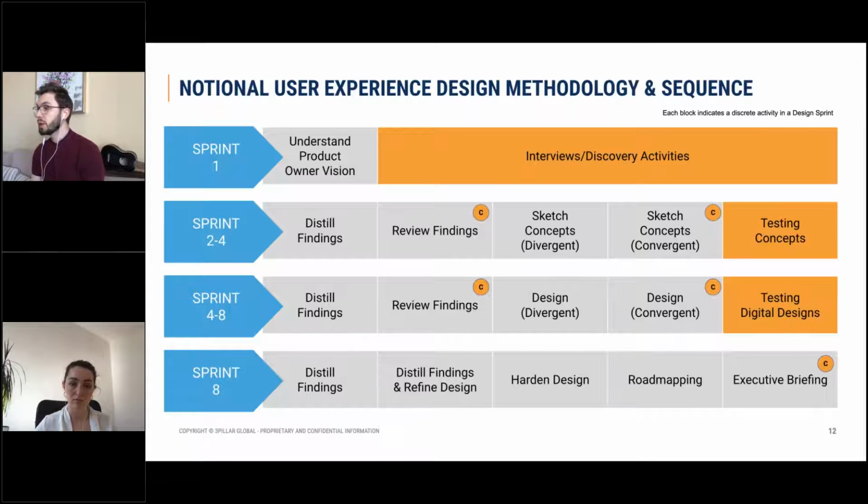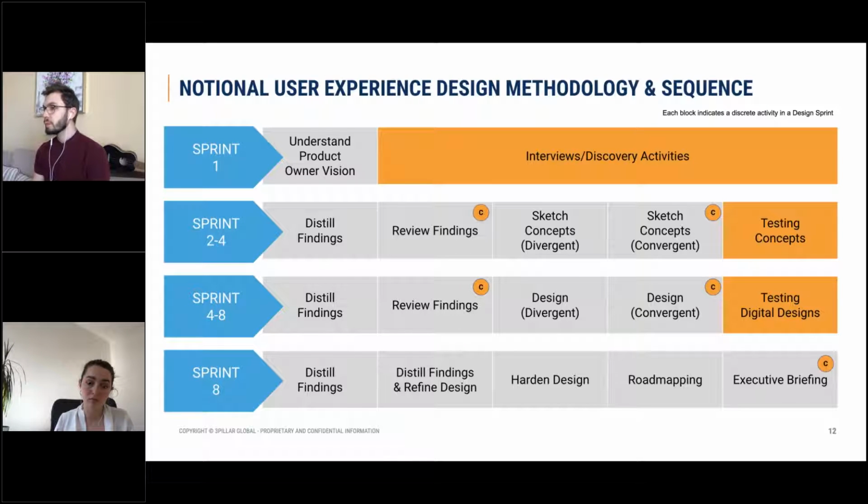And then we would have the last day allocated for testing the concepts that we came up with. And also, this is a day in which we would involve the stakeholders, whether they are the product owners or clients in general, right? And you can see that the next sprint will begin with just distilling the findings that we gathered on the previous one, and so on. And you can see here that we have 2 slightly different types of design sprints.